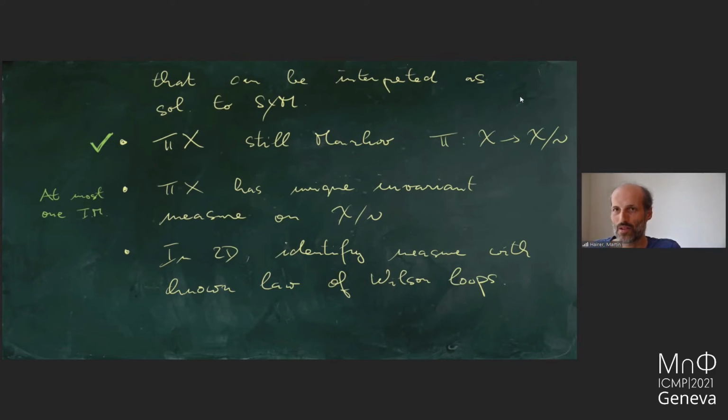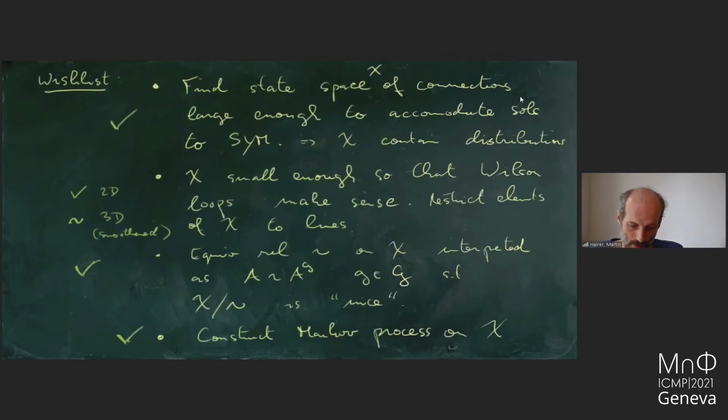So it's one of these somewhat rare cases where it's somewhat easier to prove uniqueness than it is to prove existence. So we know that if it exists, it's unique, but we don't know that it exists. And for the last point, we don't have that. So that's about the status of things.